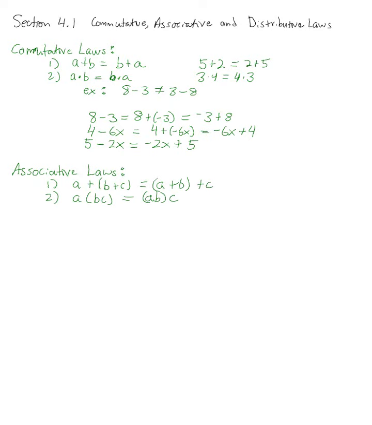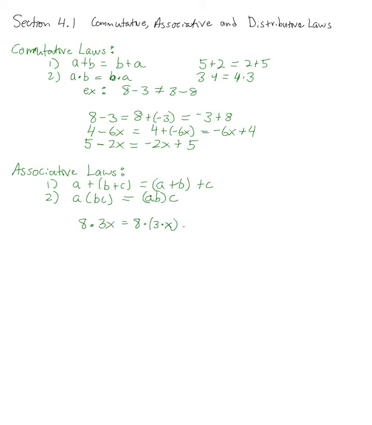And where we use this, we tend to use the multiplication one more. Let me show you what I mean. Let's say I have 8 times 3x. What this really means is 8 times 3 times x. We don't put the multiplication sign in between, and we usually don't put the parentheses.